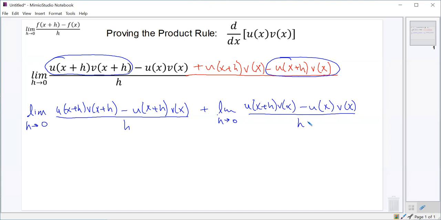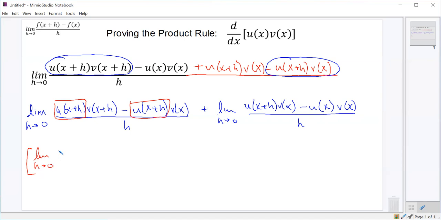So now if we look at our first limit, we can see that both of the terms in the numerator contain a u of x plus h term. So I'm going to factor u of x plus h out from this whole fraction. As I do that, I'm going to end up with u of x plus h times v of x plus h minus v of x all over h. And I'm going to separate that into two different limits being multiplied together.